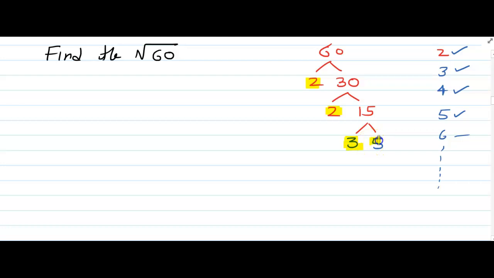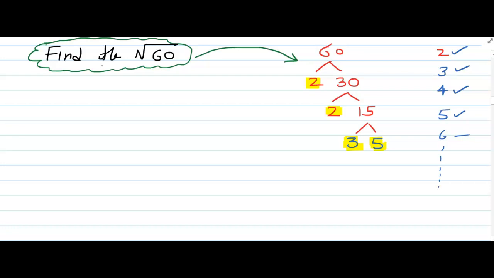Okay, what are prime factors? Prime factors are the factors which are divisible only by 1 and the number itself. Now our question is find the square root of 60. How is this going to help you find the square root of 60? Any idea?